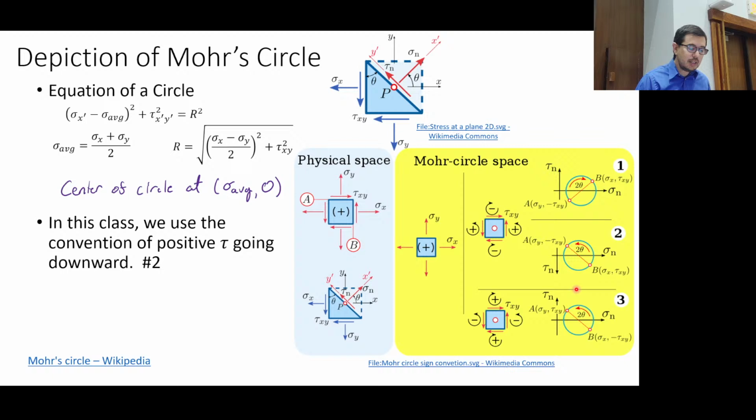Do you see what happens here? We say that tau is going down. If you look at this figure, 1 and 3 are not what we do, because you see that tau is going up in those cases.